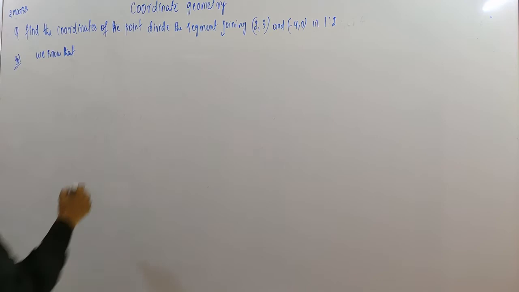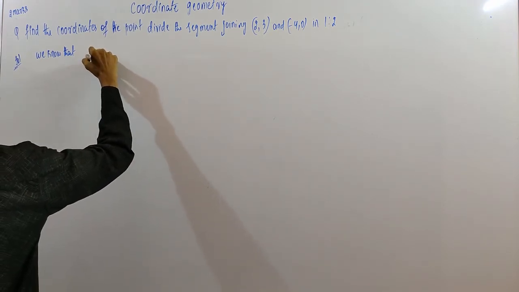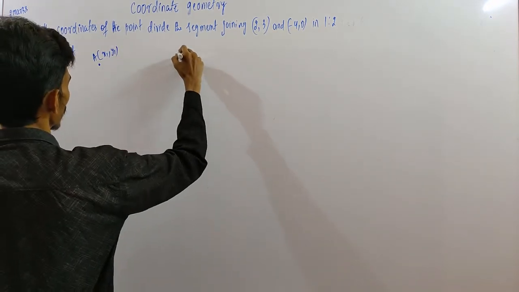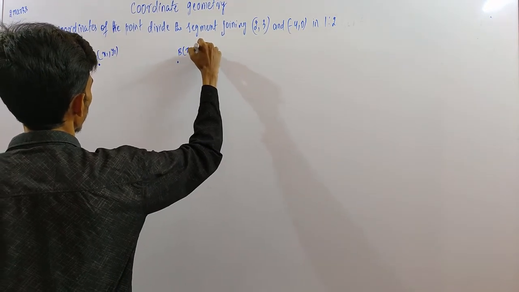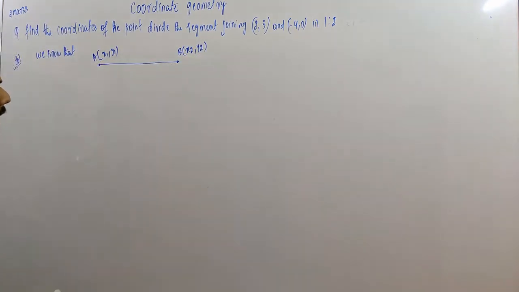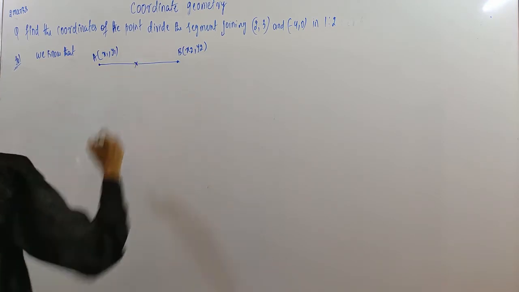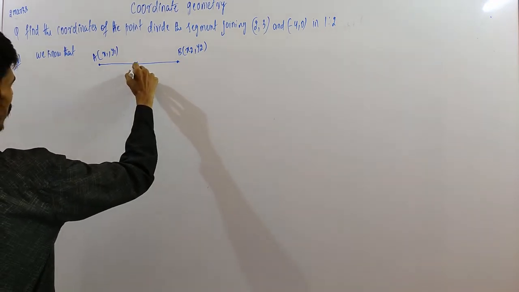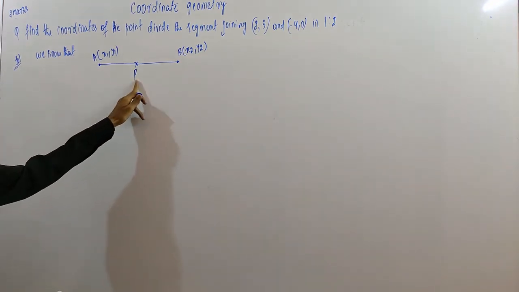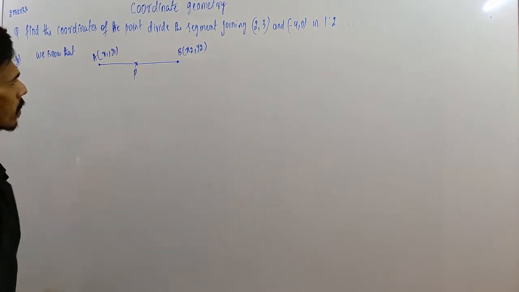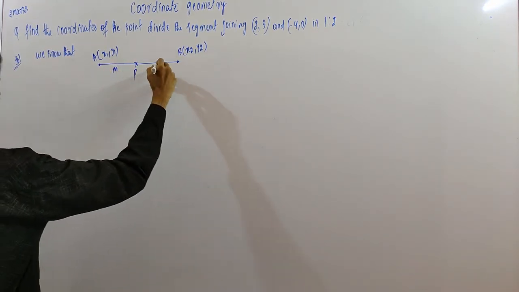We know that point A is (x1, y1) and point B is (x2, y2). If we join these 2 points, we will get a line segment. If there is a point in between these 2 points, let us denote it by P. This point P divides AB in the ratio m:n.